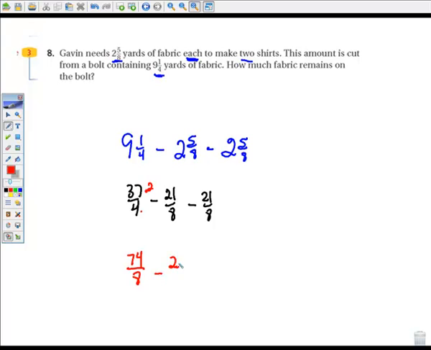And then I can just keep these as 21 eighths minus 21 eighths. I can do straight subtraction. So I have 74, subtract 21 again is 32 eighths. And when I divide, 8 divides into 32 exactly 4 times, so he has 4 yards left over.